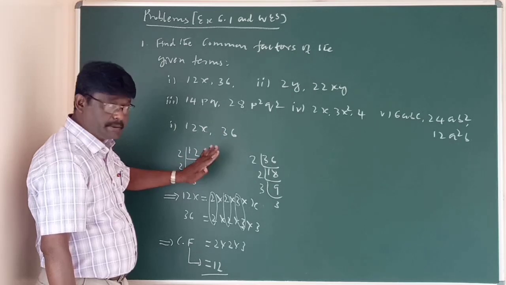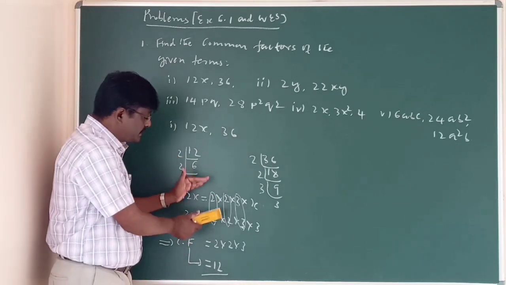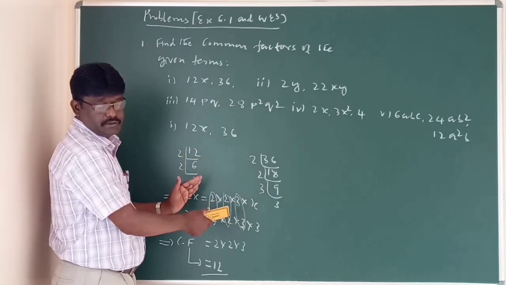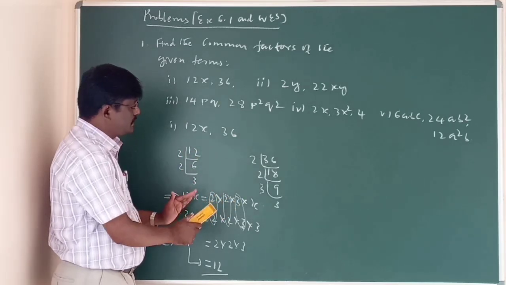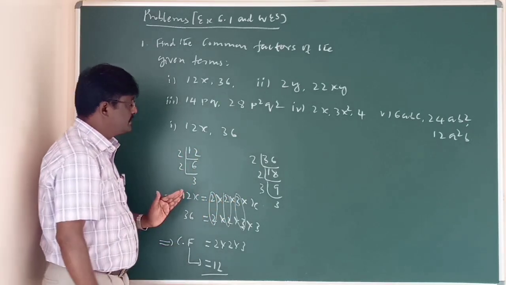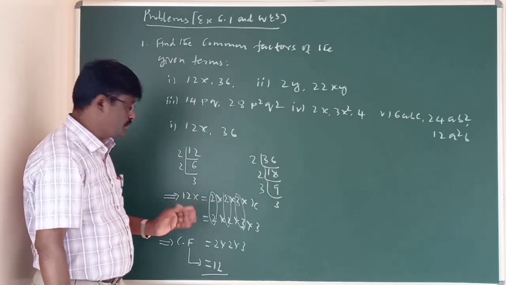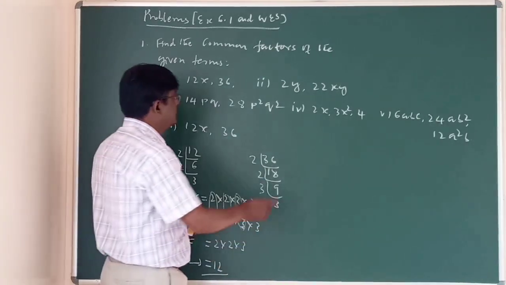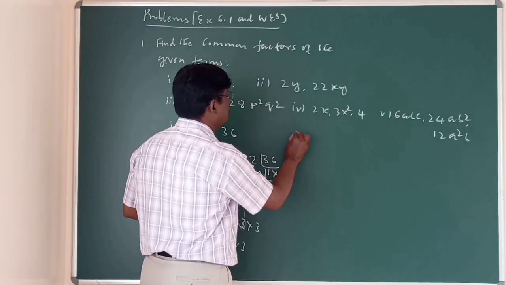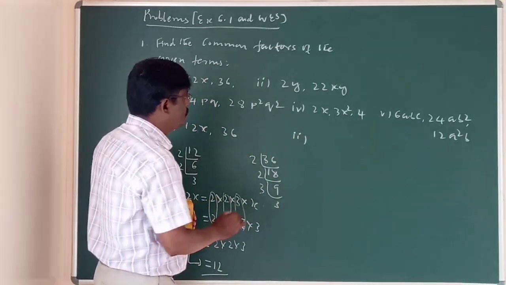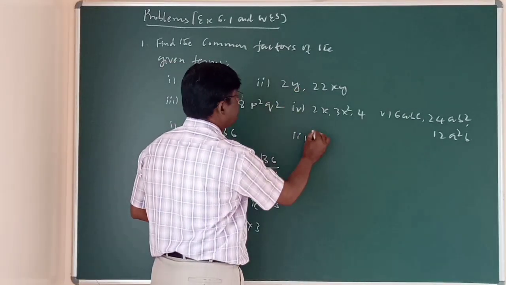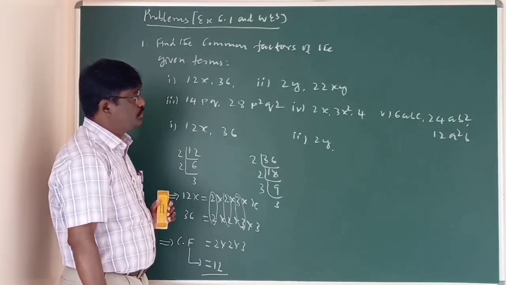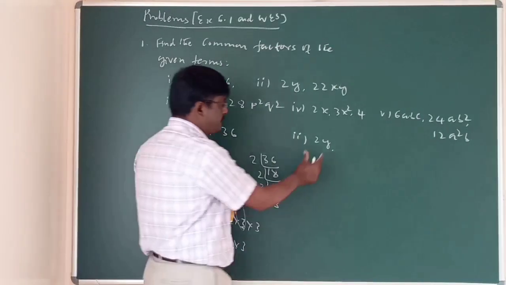This is how, as beginners, we start; gradually we will learn other approaches also. This is how we find the common factor. Now let us take one more sum: 2y and 22xy. 2y is already in the irreducible form, no need to factorize further.